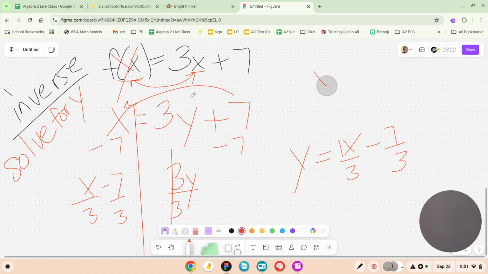Or it might look like y equals x minus 7 all over 3. It just depends on how the author of the test is writing it. They are actually identical to each other. It doesn't matter which format you use. So that's important. So then on number 10, you're doing the same thing.